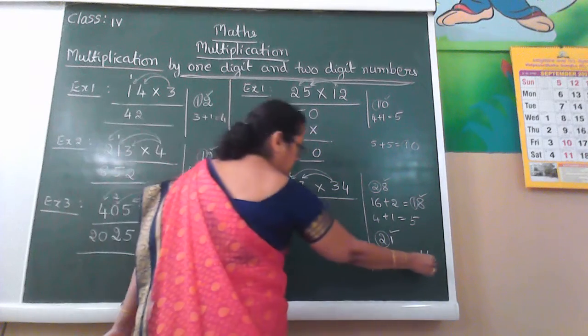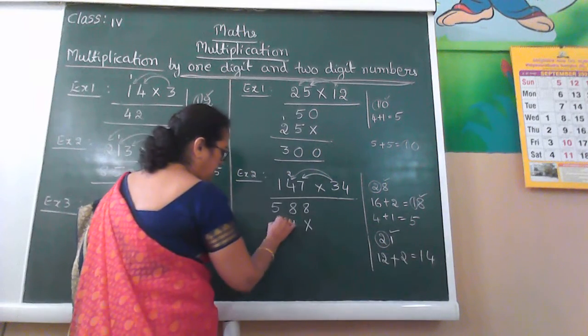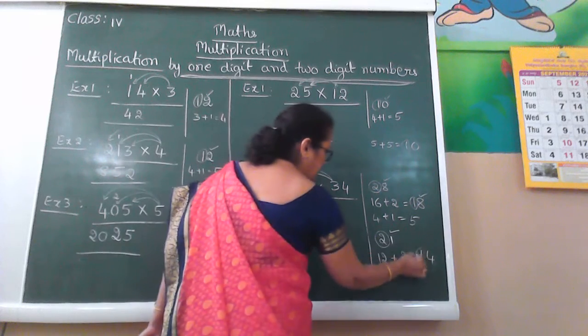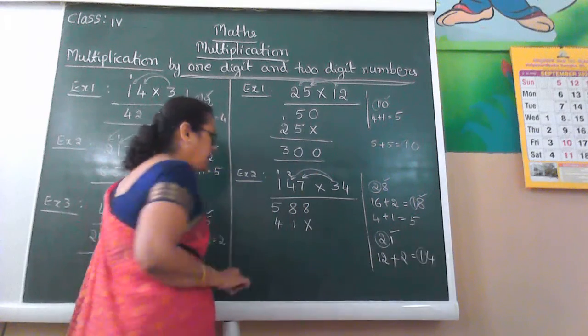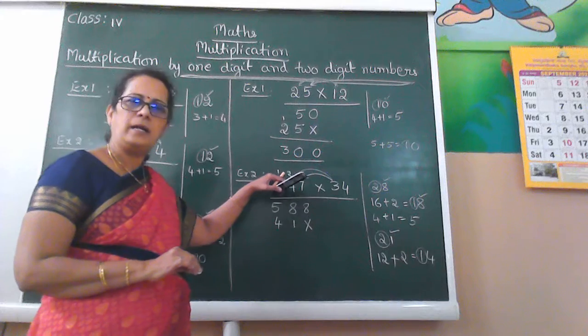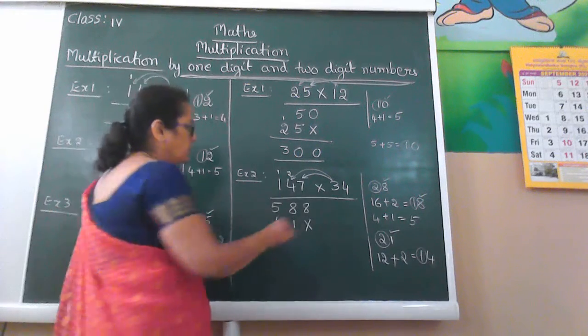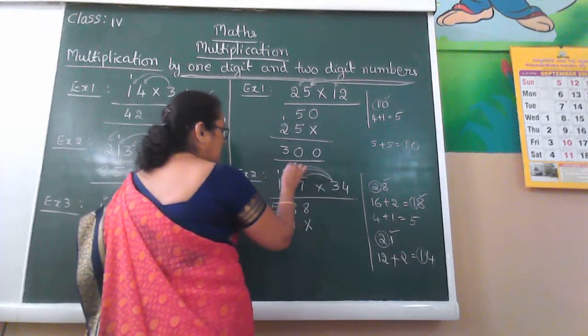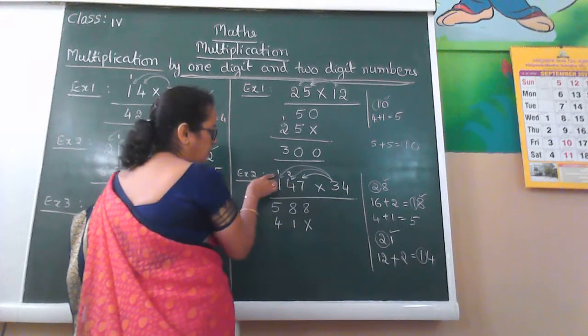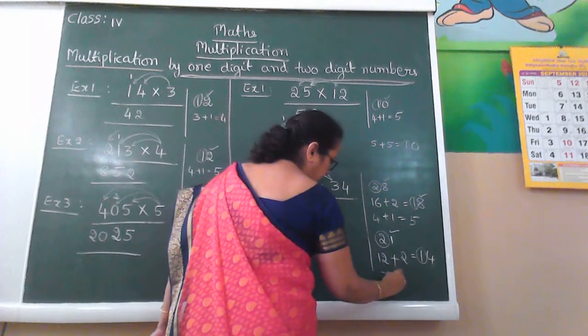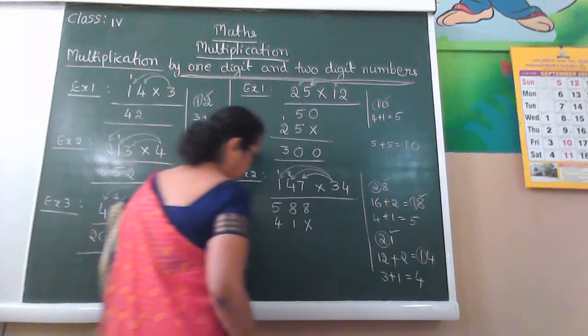Now write this 4 just below 5, and this 1 give as carry above 1, which is in the hundreds place. Now 3 ones are 3. What about the carry here, children? 3 plus 1, it is 4.